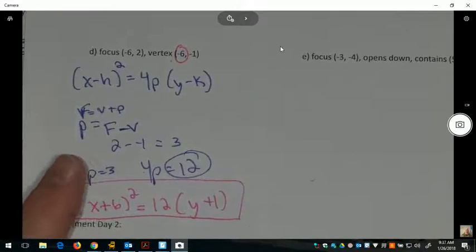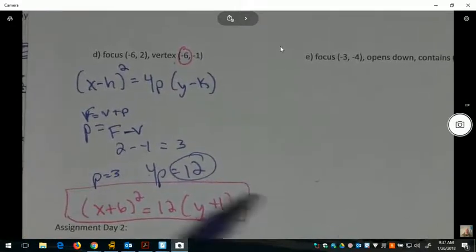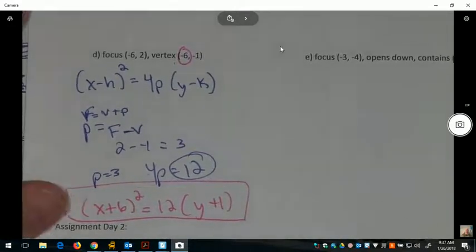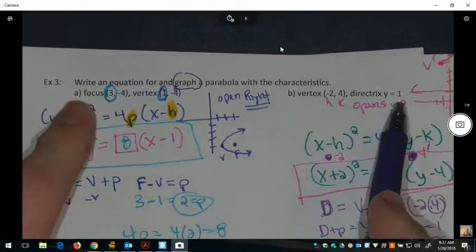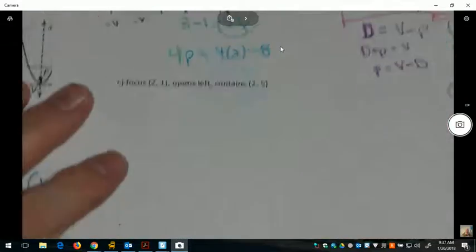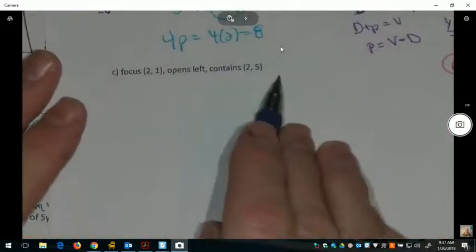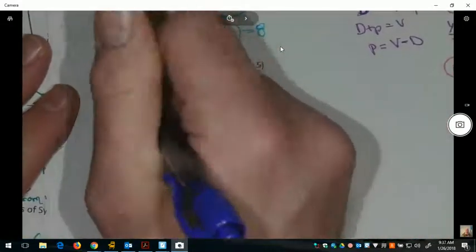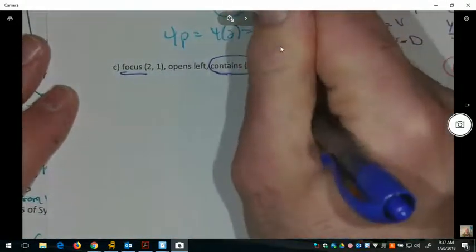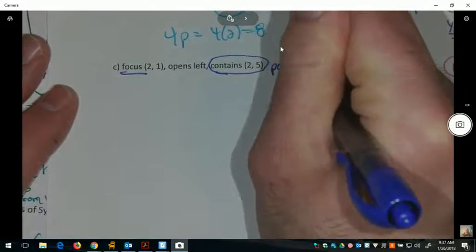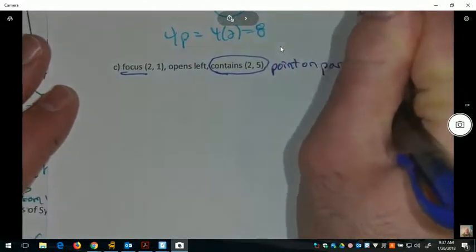Sometimes they'll give us the focus and the directrix, and we can figure out where the vertex is, because the vertex is halfway between them. But if they don't give us both, they only give us the focus and a point on the parabola, then it gets a little more complicated.